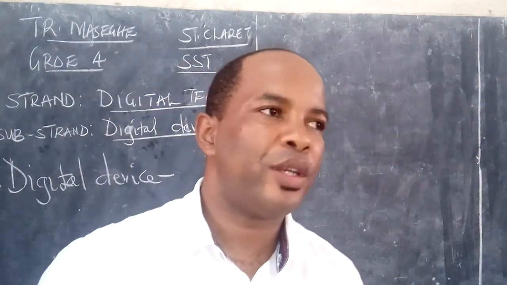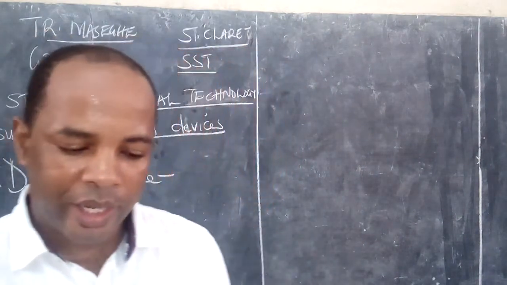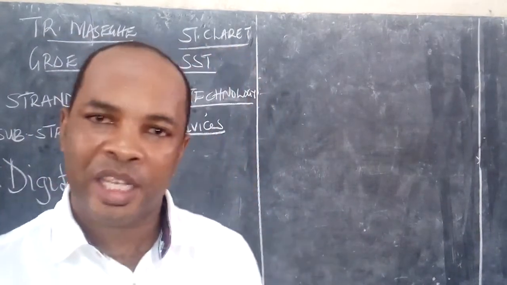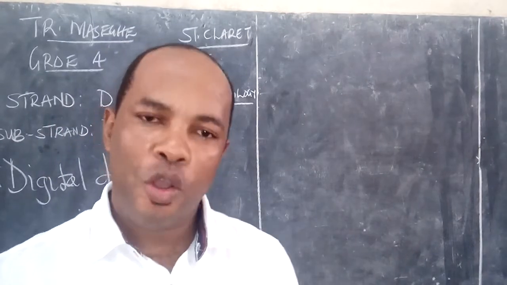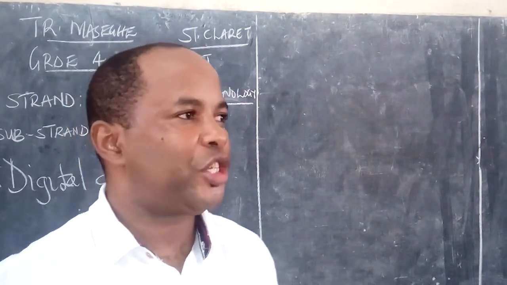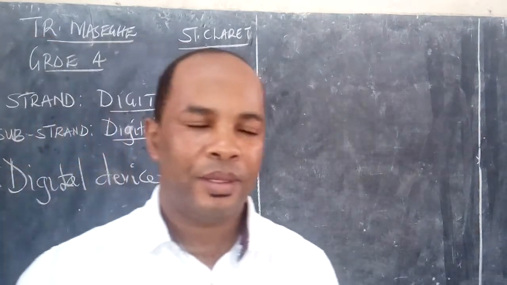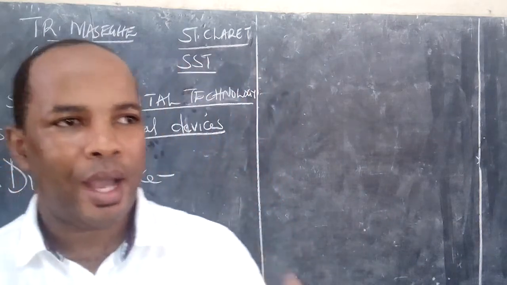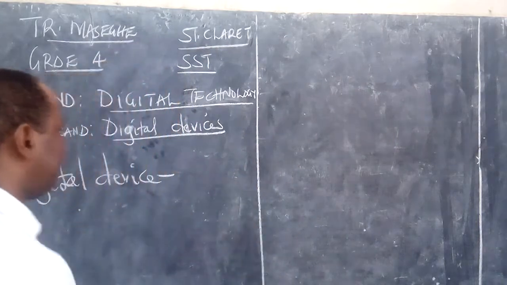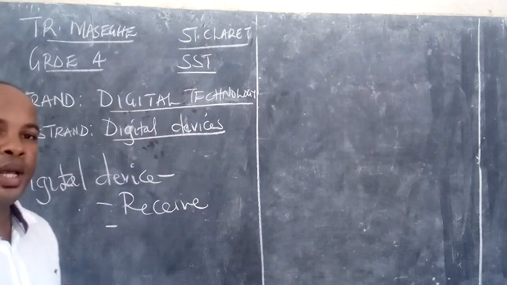We can explain a digital device, in simple terms, as an electronic equipment that can receive, store, process, and send digital information. I repeat, a digital device is an electronic equipment that can receive, that is one.